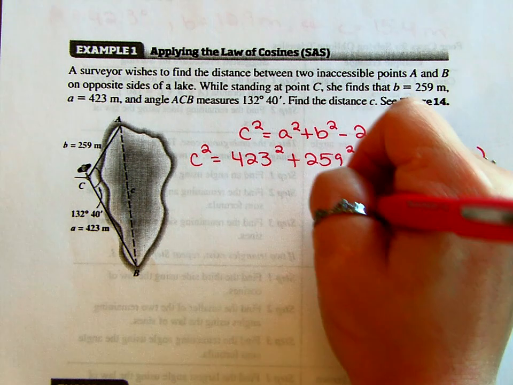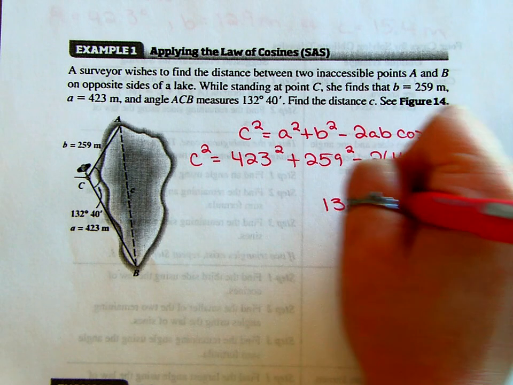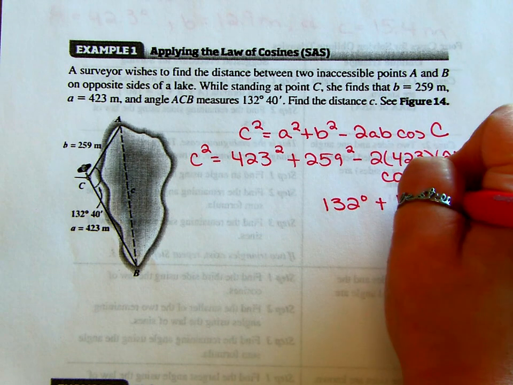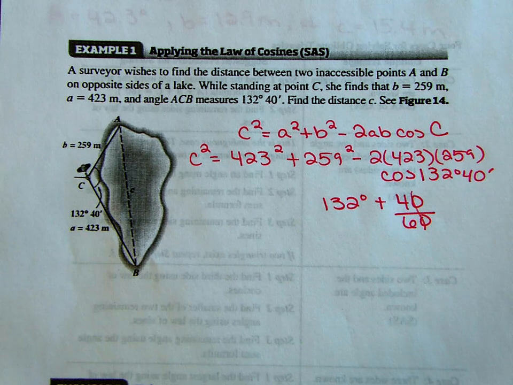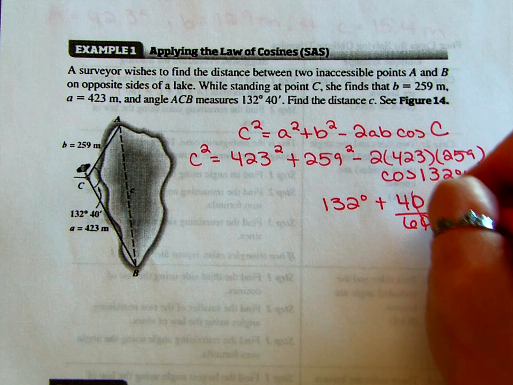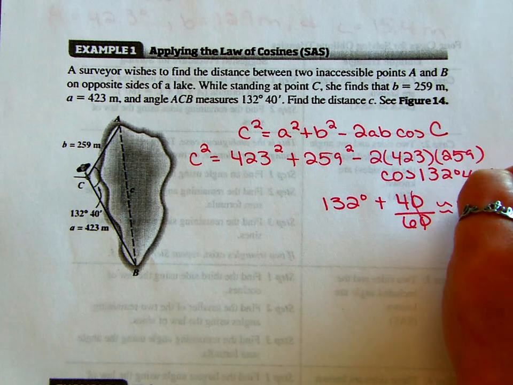Remember that in order to do that, you take the 40 minutes and put it over 60, because there are 60 minutes in a degree, meaning you get 132.6666 repeating.